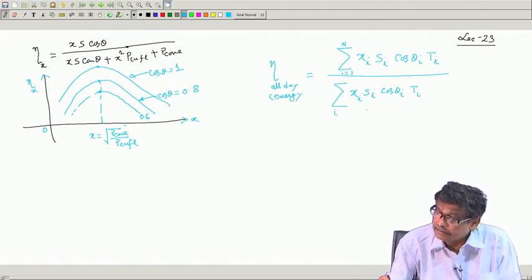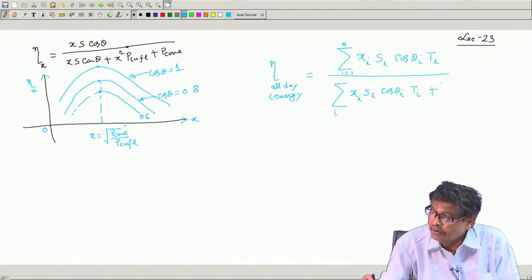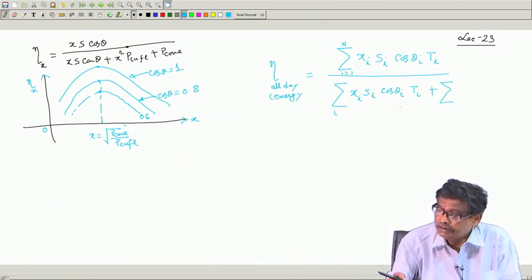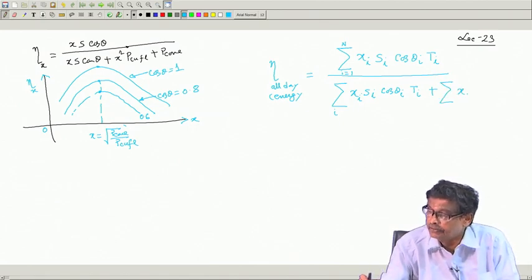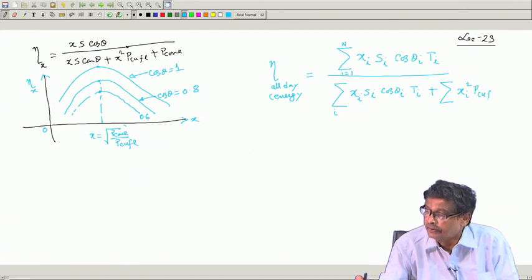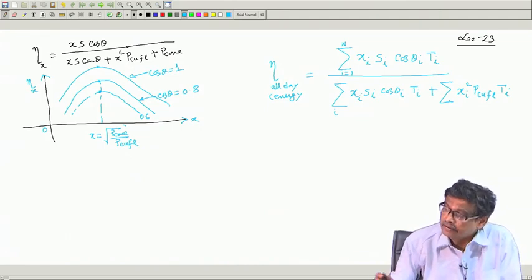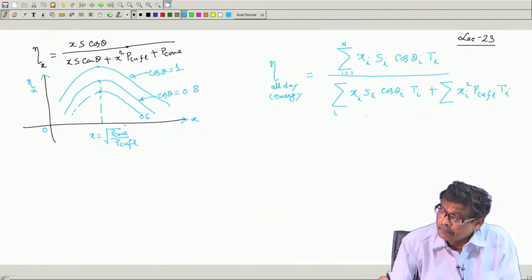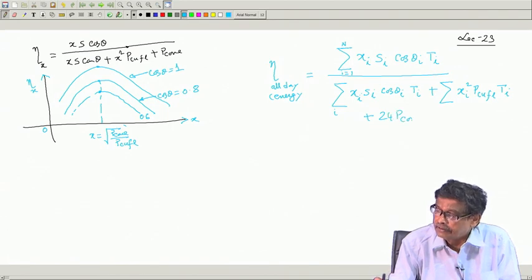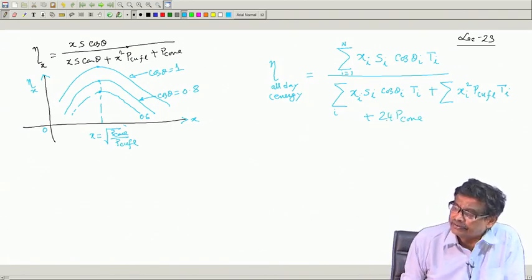Plus the copper loss, which depends on x, equal to x_i square P_cu full load times T_i. This is the energy loss because of copper loss, plus 24 times P core, that is all, because core loss remains constant.